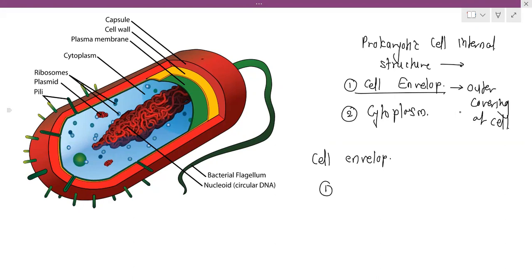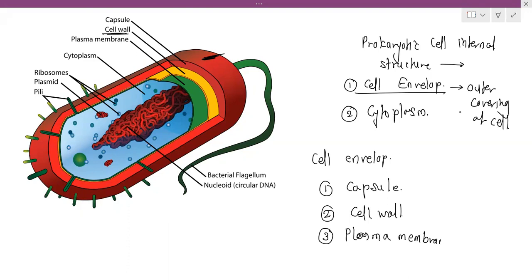Outermost, this red colored, which you see in this particular diagram, is called the capsule. The second, here you see yellow color, is the cell wall. And the third structure is the plasma membrane.